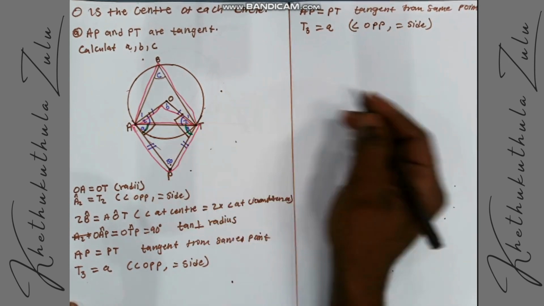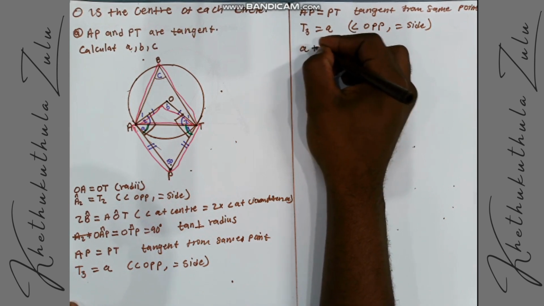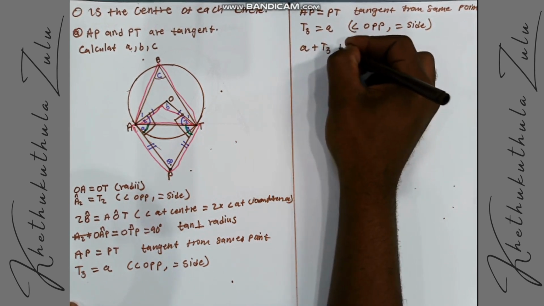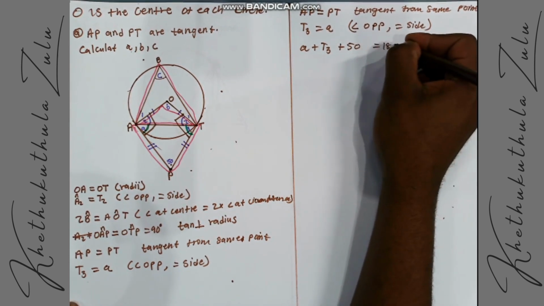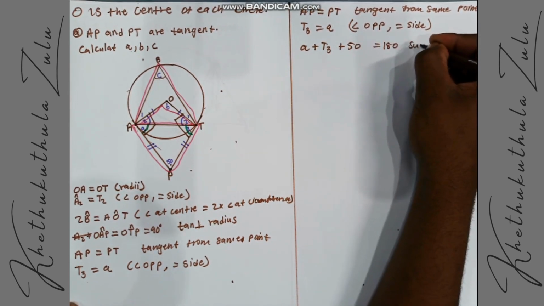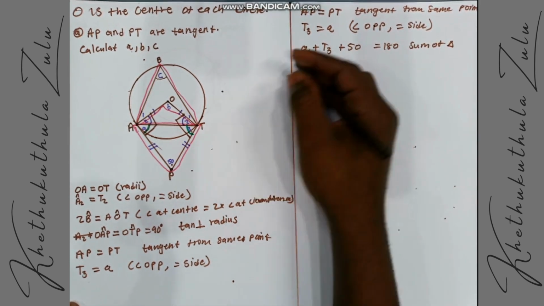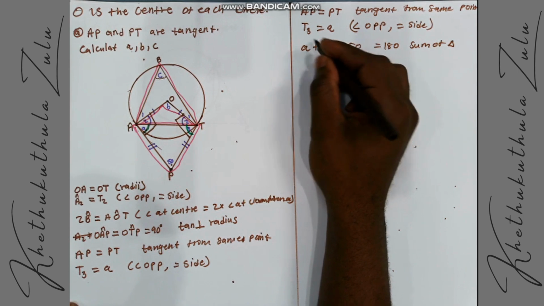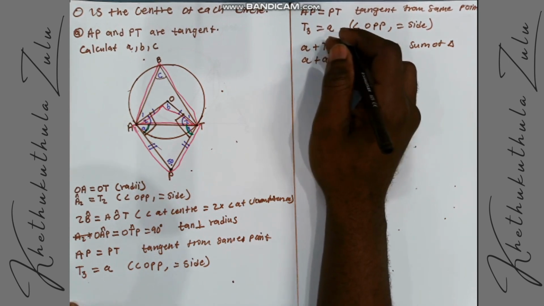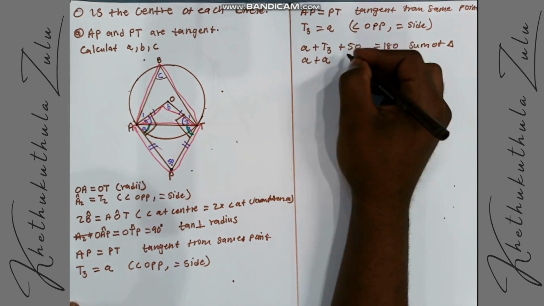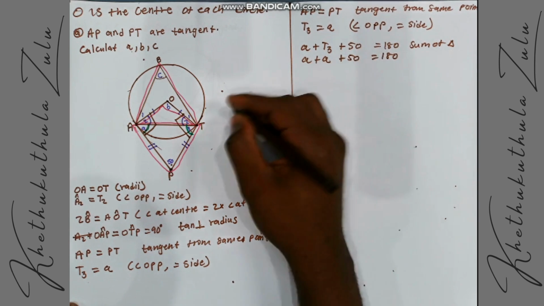Now we can use our isosceles triangle here by just saying A plus T3 plus this 50 here is equal to 180, which is the sum of the angles of a triangle. We know A is equal to T3, so we can say A plus A plus 50 is equal to 180.